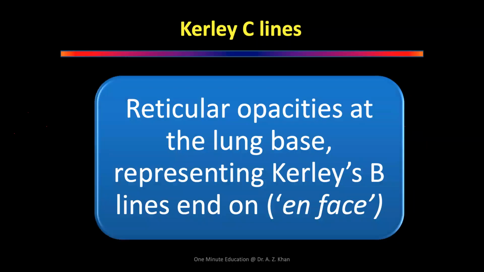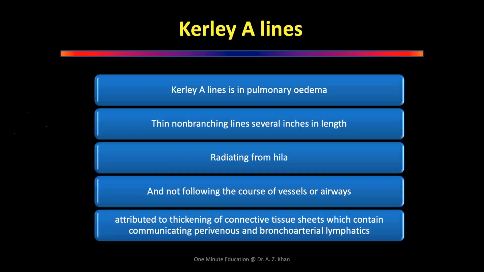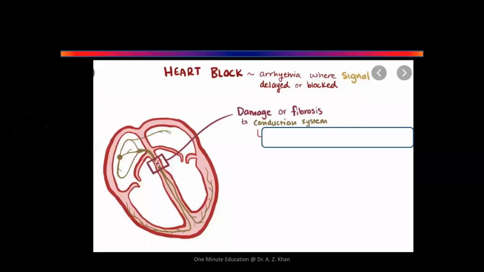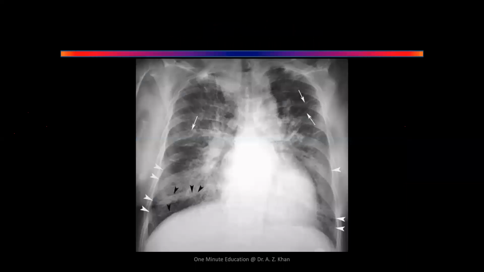Let me just quickly go back to that X-ray again and look at it again, okay? A line, B line, and C line. So the arrow that you're seeing, the whole arrow is A lines.